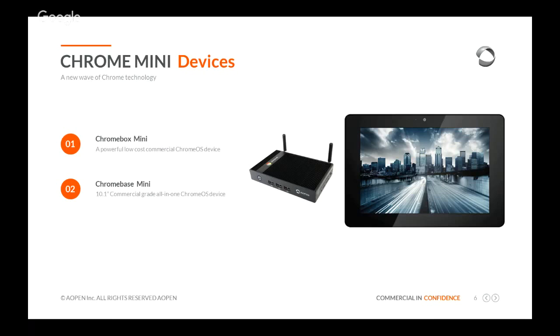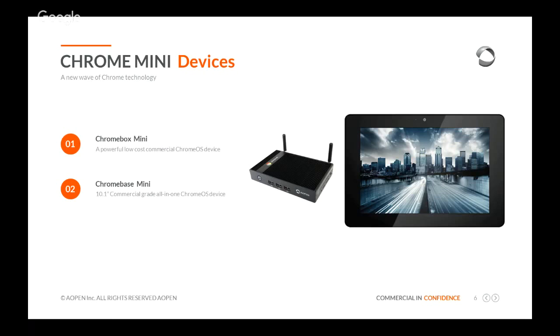They both still have the same commercial quality aspects that I'm going to talk about a lot of the specifics coming up. But generally speaking, both of these devices are designed to run about one full HD screen. So the Chromebox Mini, which is the small box on the left, has one HDMI output on the back and is designed just to run one screen on any format video.